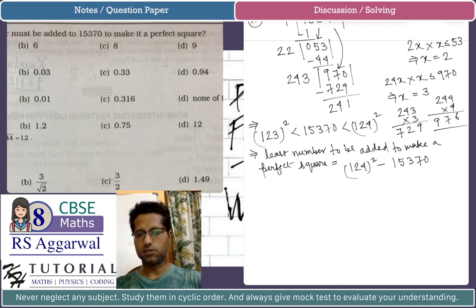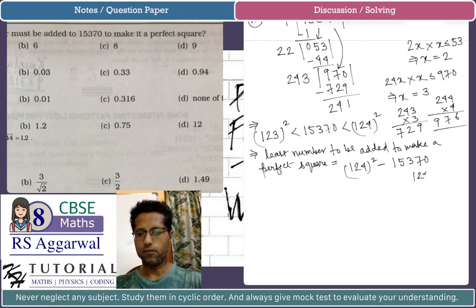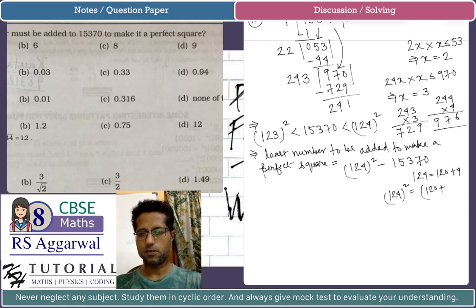instead of multiplying, using the whole square formula, a plus b whole square, I know that 124 is equal to 120 plus 4. So 124 square will be equal to 120 plus 4 whole square.